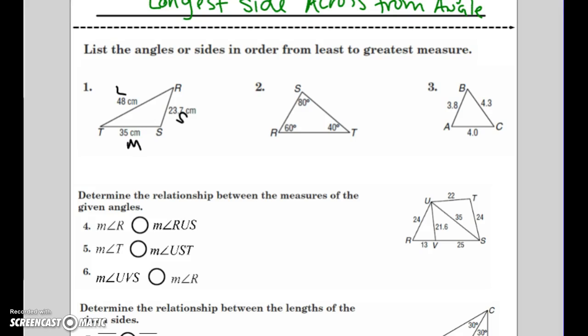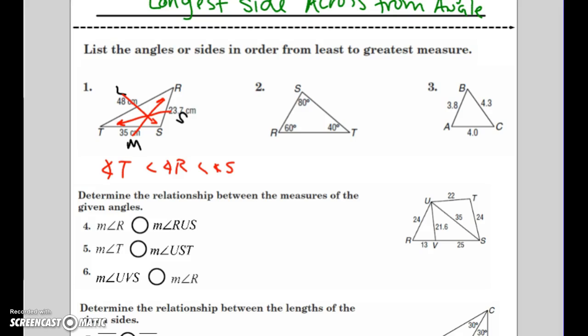So I need to look at the angle across from it. This is my smallest side, so my angle across from it is angle T. That is my smallest angle. And then my middle one is going to be angle R. And then my final one, for my largest, would be angle S.